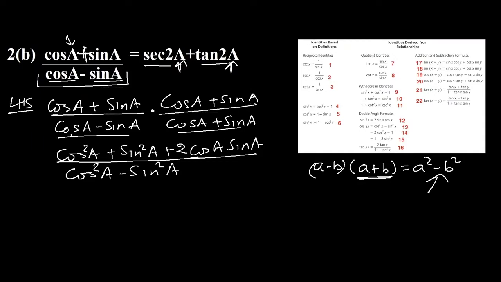So now we know cos square a plus sine square a will be 1. And 2 cos a sine a, look at the identity number 12. That is sine 2a, over. Now look at this identity, and we started with this hint only. Number 13 gives us cos 2a.